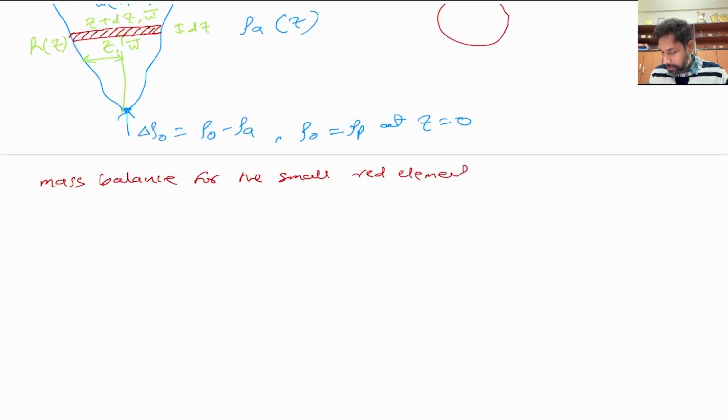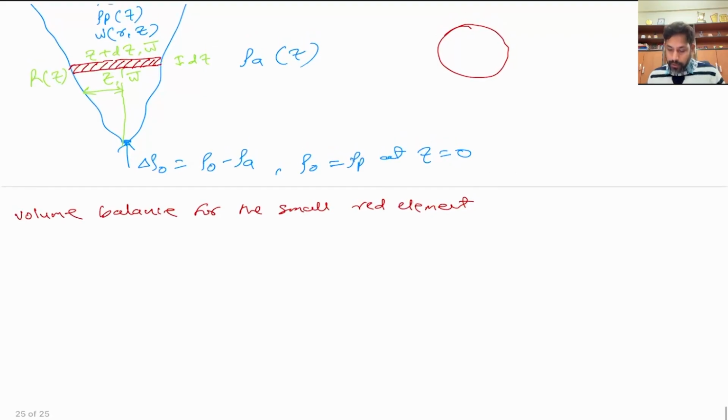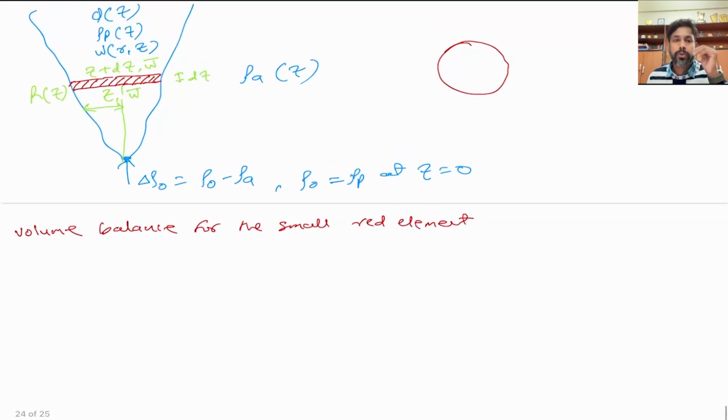I name it red because I have marked that in red color. Here we are using a volume flux balance, that is more precise. What is the volume that is crossing the lower part of the element versus crossing the upper part of the element?